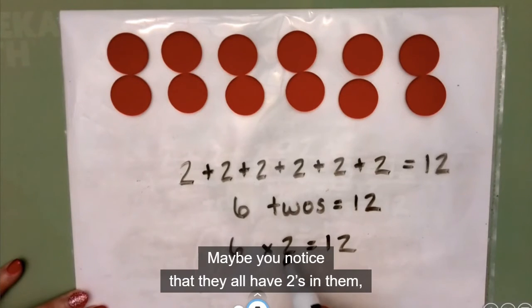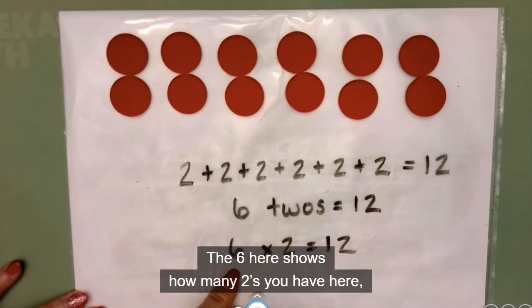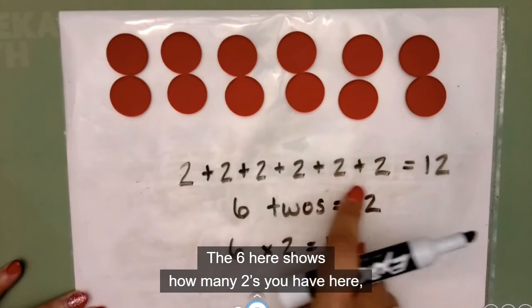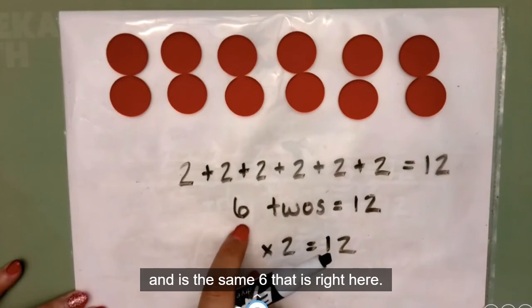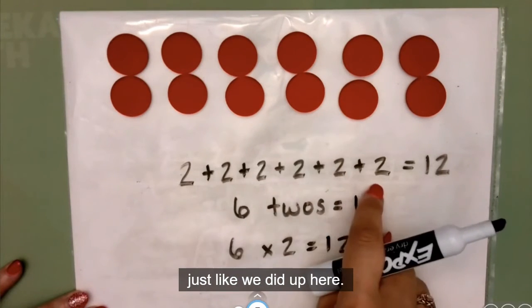Maybe you noticed that they all have 2s in them, and they all have an answer of 12. The 6 here shows how many 2s you have here, and is the same 6 that is right here. You have to count 2 6 times in order to get 12, just like we did up here.